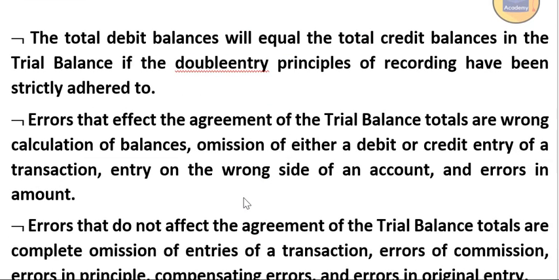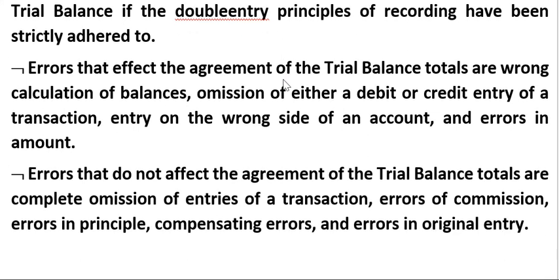Okay, the total debit balance must equal the credit balance in the trial balance if the double entry principle is followed. Errors that affect the agreement of trial balance total are wrong calculation of balances, omission of either debit or credit entry of the transaction, entry on the wrong side of an account, or error in amount.